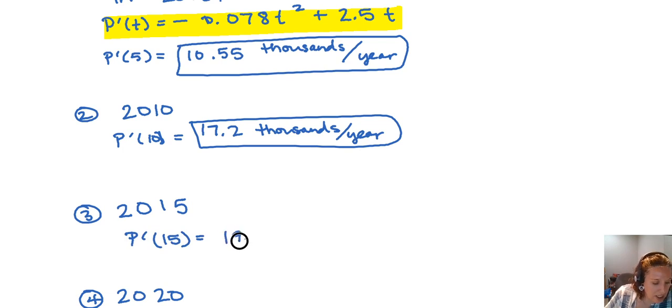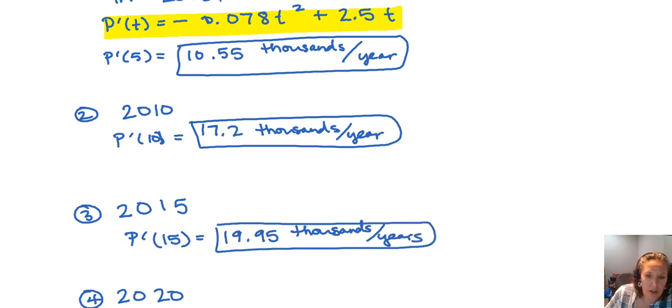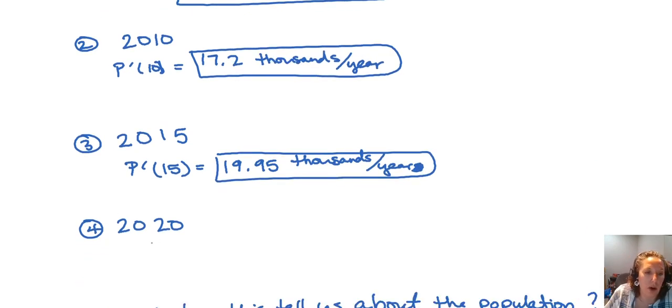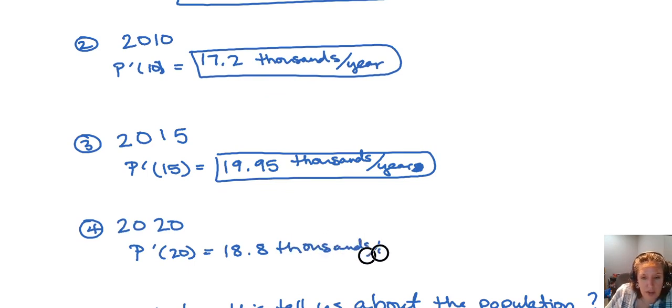We get 19.95 thousands per year. And then in the year 2020, according to this model, the population grew 18.8 thousands per year.